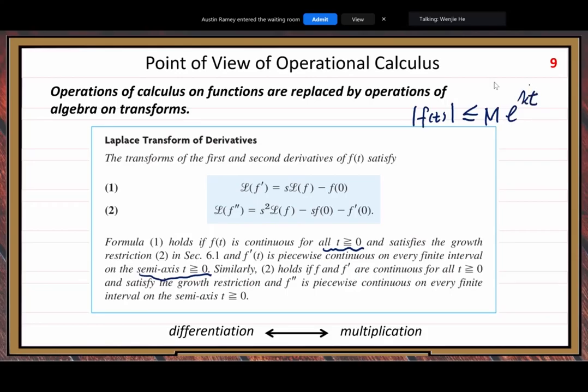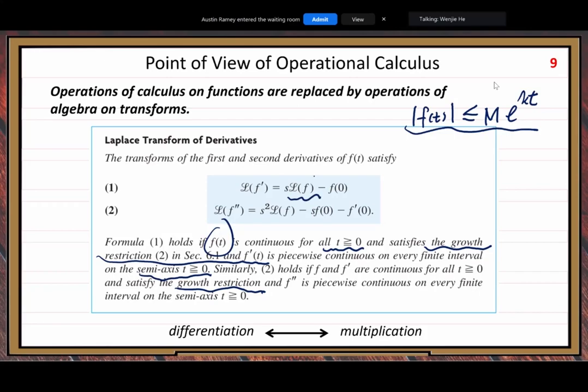That's this growth restriction. For the first formula, the growth restriction on f ensures that the Laplace transform of f exists.